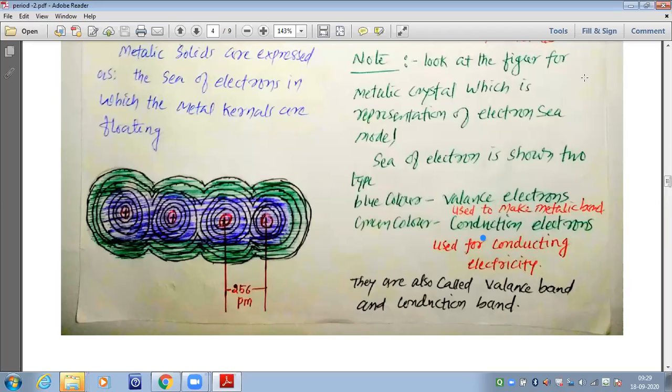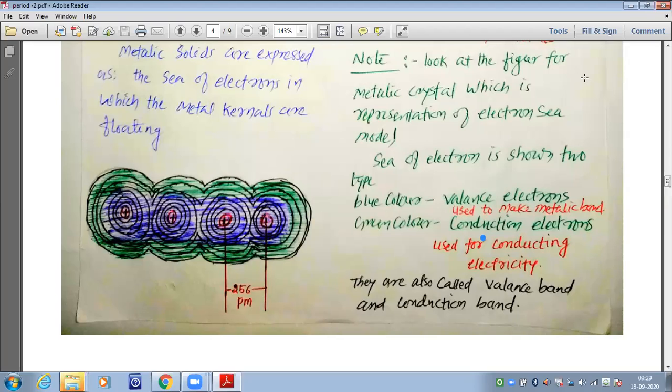So you can see that with the blue ink and with the green ink, I have represented the various types of electrons. And with the positive sign, I have shown you the metal kernels. Metal kernels are the nuclei of the various metals that are floating in the sea of electrons.